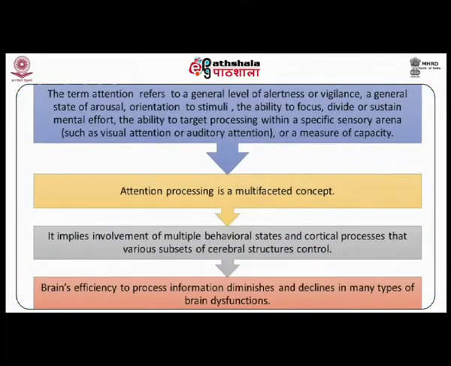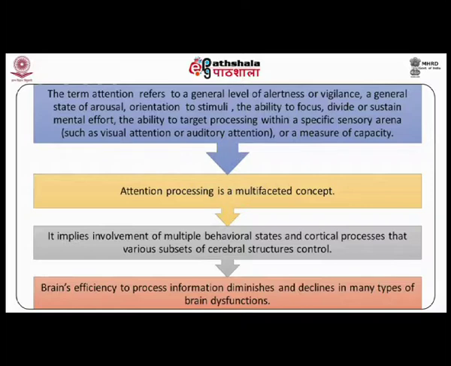The term attention refers to a general level of alertness or vigilance, a general state of arousal, orientation to stimuli, the ability to focus, divide or sustain mental effort, the ability to target processing within a specific sensory arena such as visual attention or auditory attention, or a measure of capacity.